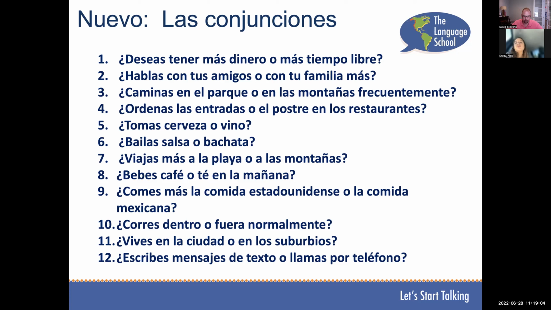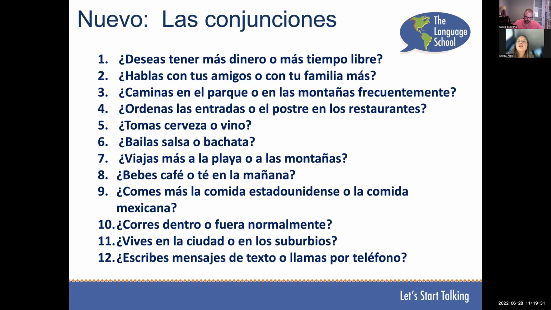Como la comida mexicana. ¿Corres dentro o fuera normalmente? Corro dentro normalmente. ¿Qué significa dentro? Dentro means inside.